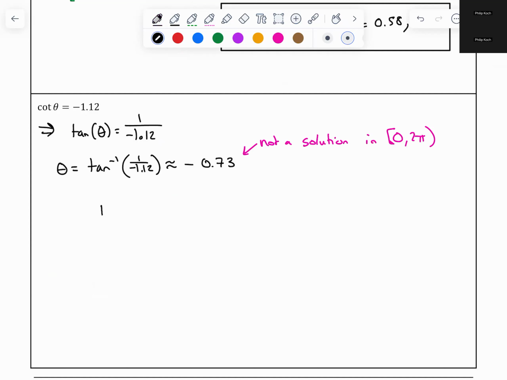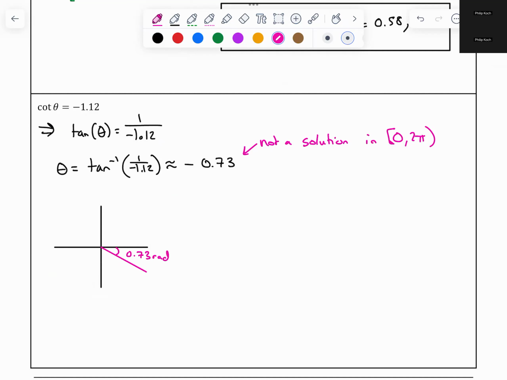So let's draw a unit circle to help us figure this out. Negative 0.73 radians should be in quadrant 4. And we're just making an approximation. It's going to be roughly around here. That's going to be 0.73 radians.